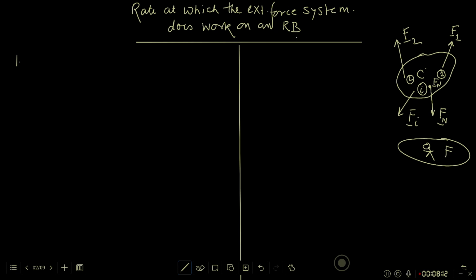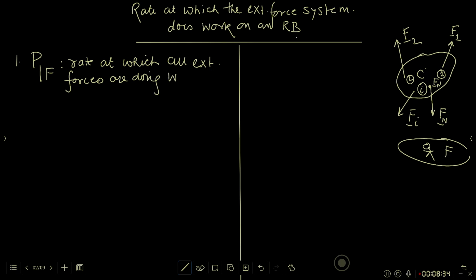We define a new quantity, at least in the context of RBs, as P F. This I call the rate at which all external forces are doing work on an RB. It's defined as this.